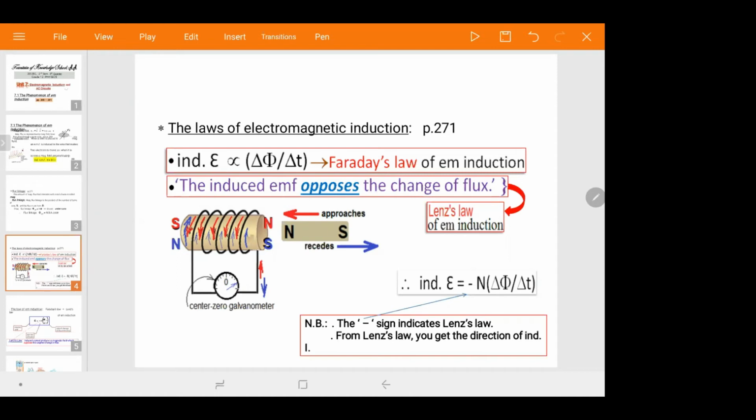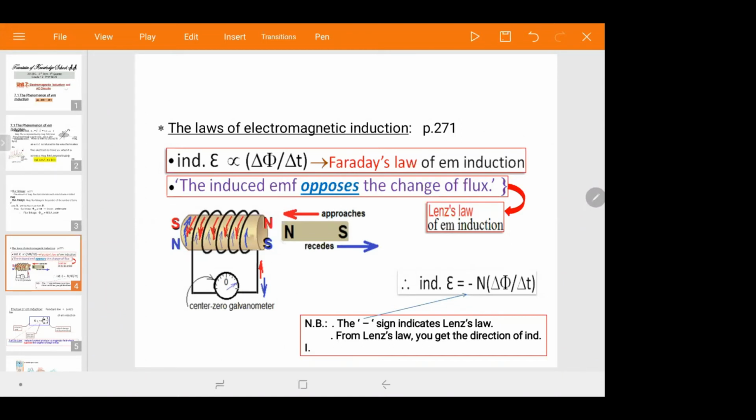Since the flux is changing in the coil, EMF is induced due to a change of flux. Whether a magnet moves into a coil or a coil goes towards a magnet, as long as there is a change of flux, it doesn't matter. This time, it's simpler to move the magnet into the coil, but you can also do the reverse process.